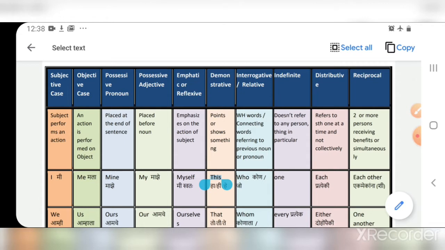It's an object because the action happens on a pen. As well, in I am giving you a pen, you also receive the action, and that's why you is an indirect object. So there are basically direct and indirect objects.